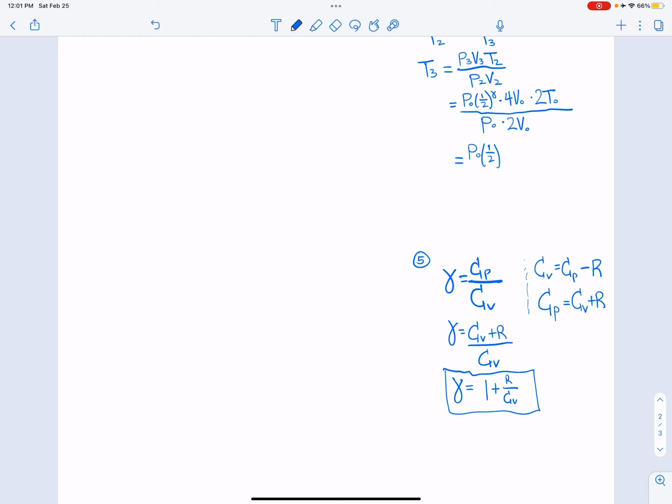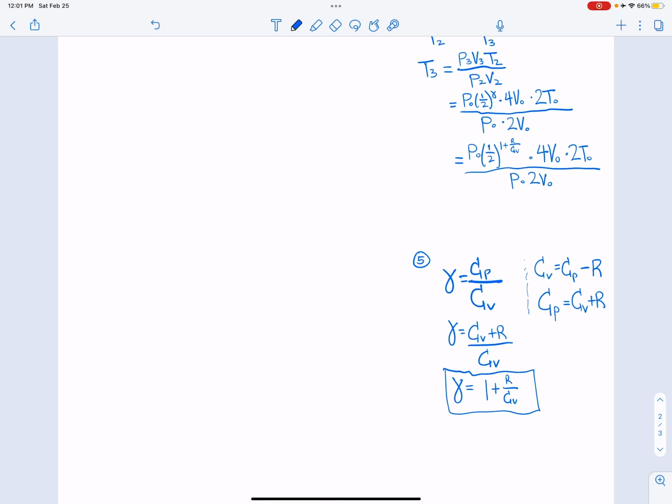So to the power of 1 plus R over Cv, multiplied by 4 V naught times 2 T naught over P naught 2 V naught.